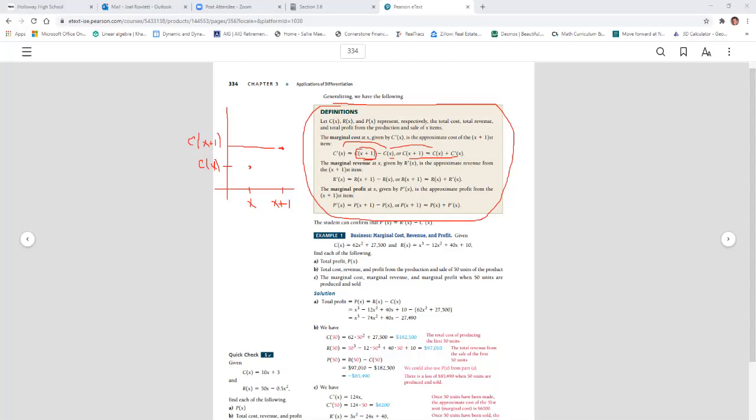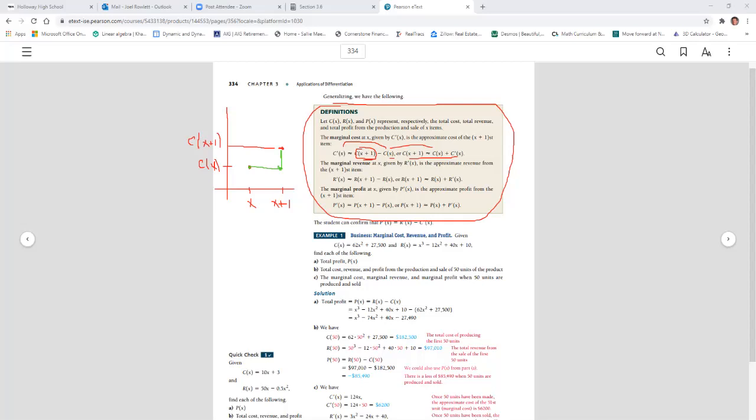So what has happened here? Well, let me change colors, and I will try to illustrate. I'm going to draw a horizontal segment from x to x plus 1. And then I'm going to draw a vertical segment here. So what is the difference between this point here and, say, this point here?